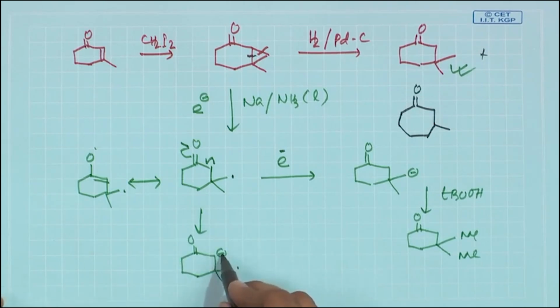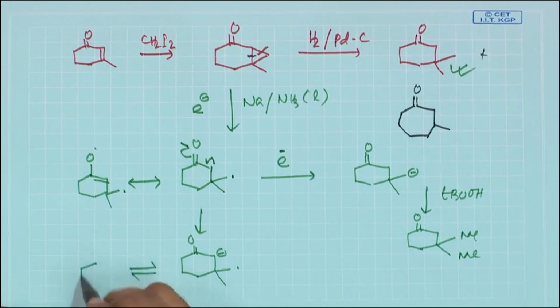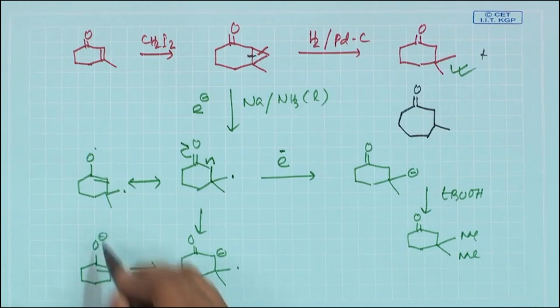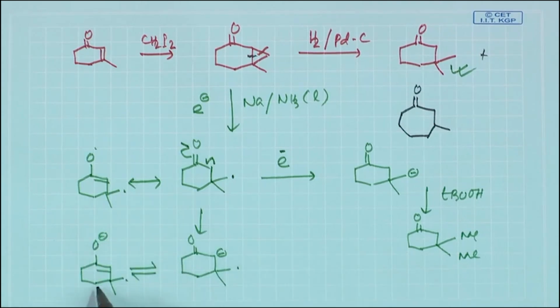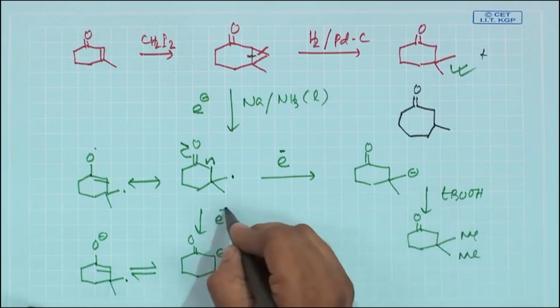If you have this carbanion, this also can easily give you the corresponding enolate which is pretty well known. This stepwise, now this particular radical can again accept another electron to give you the hydrogen. So, in this way you are having an electron.